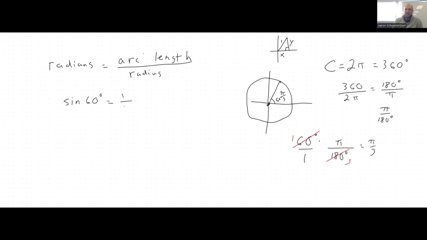If I type that sine of 60 into my calculator, that gives me my y coordinate, and that is square root of 3 over 2. Cosine of 60 degrees would give me my x coordinate, because over 1 doesn't really matter. Cosine of 60 is 1 half.